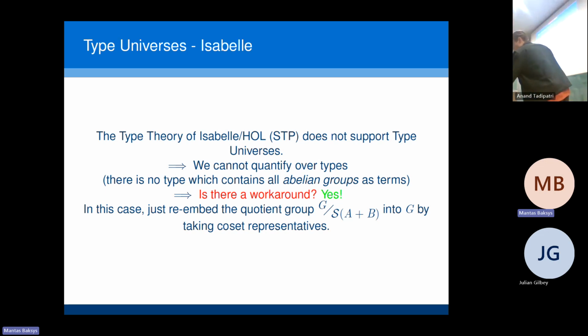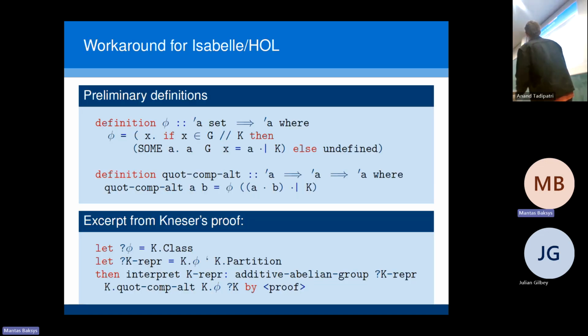However, a nice re-embedding argument was found. And I just wanted to show a bit of a snippet of the proof steps that were required to fulfill this re-embedding into the base group. So this was part of a preliminary construction outside the proof. So as we can see, in Isabelle, dash A is just a placeholder for any type.